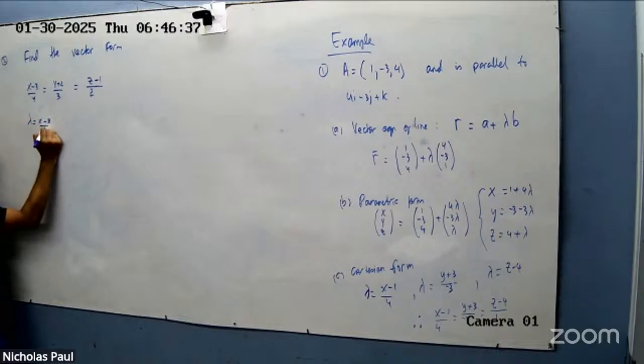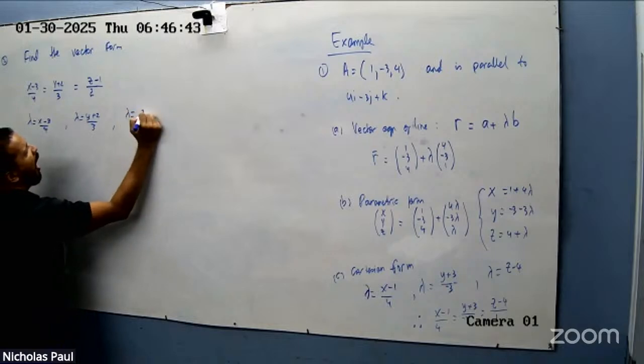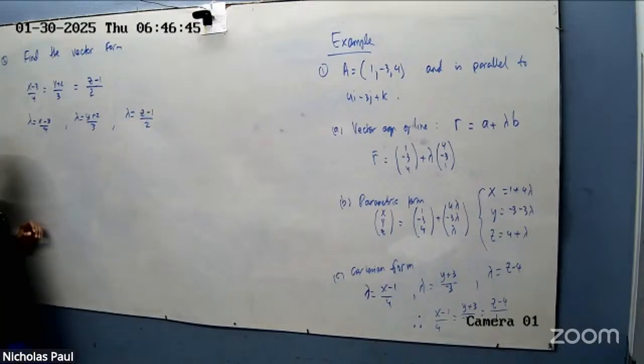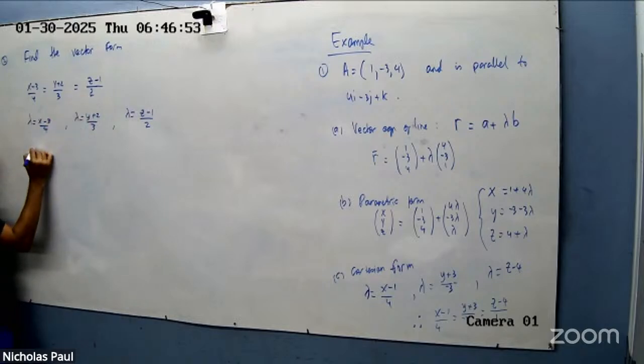And then make x, y, z the subject. Right? Make them all equal to lambda.